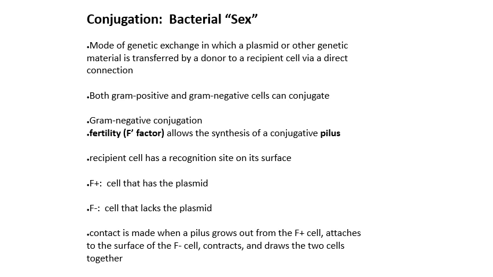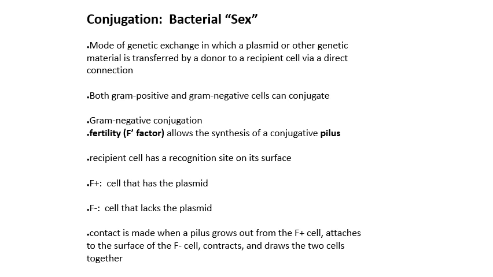Okay. So in terms of conjugation, we'll get into this one a little bit more specifically. Both gram-negative and gram-positive bacterial cells are capable of conjugation. We're going to focus mostly on what gram-negative conjugation looks like. It basically looks like a plasmid, which is inside that gram-negative bacterial cell.